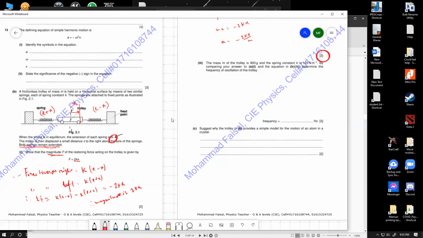The question is why this trolley motion gives us a simple model for the motion of an atom in a crystal. So in a crystal, any atom is fixed in a position by means of the electrostatic attraction and repulsion forces of the neighboring atoms. Whenever it tries to move in one direction, forces in the opposite direction increase.